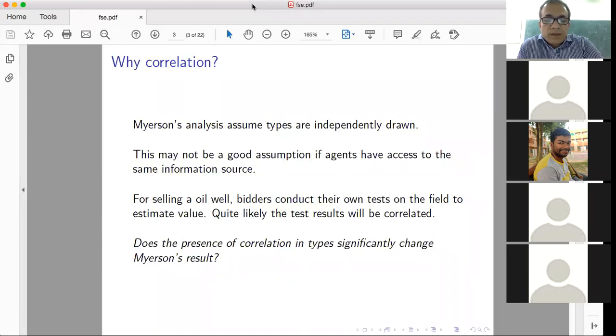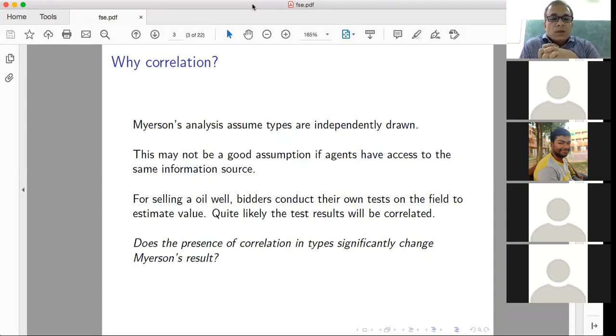So the main difference between this paper and Myerson's paper is that buyers' values may now be correlated. Remember, Myerson's analysis assumes that types are independently drawn, and that plays an important role both in the characterization that we established for incentive compatibility, but also in the subsequent optimal auction analysis.